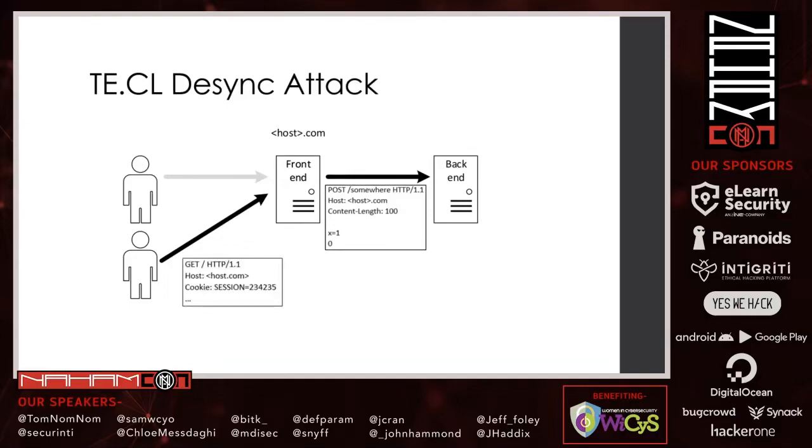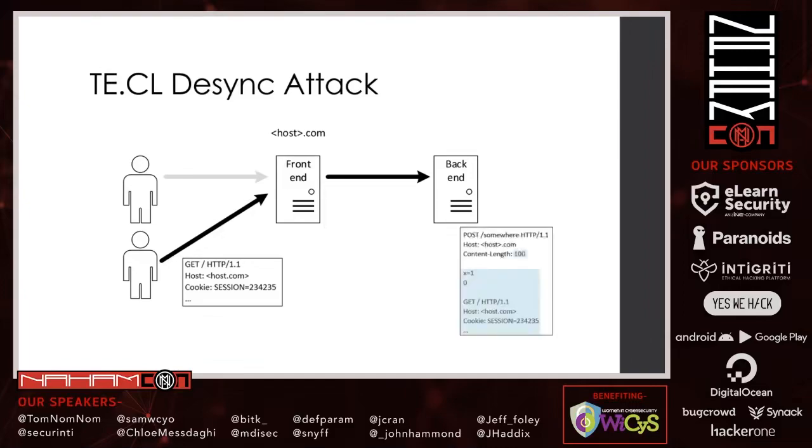They make a web request to /get, perhaps with a session cookie of some sort. And then what we see is when that request gets to the back end, the poison actually gets prepended to that, and it gets placed to a POST to the /somewhere endpoint, and the GET request from the customer gets placed as payload to this POST to /somewhere, which could be potentially dangerous.